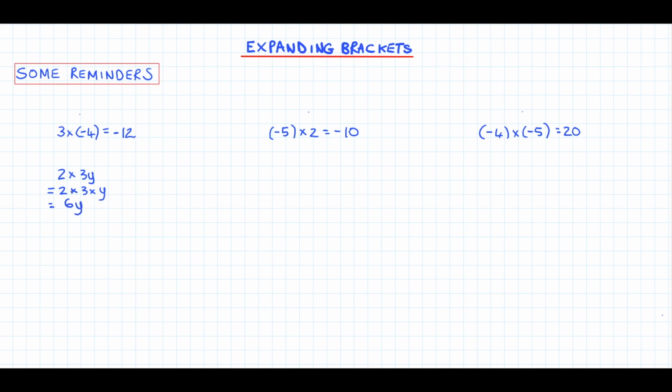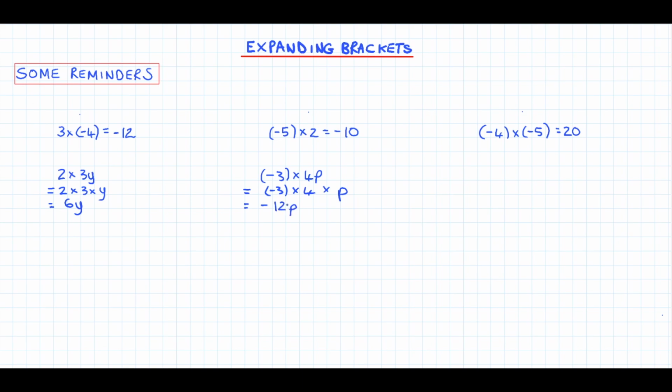If I asked you to work out negative 3 times 4p, we could write that out as negative 3 times 4 times p. Negative 3 times 4 is negative 12, so that's negative 12p.